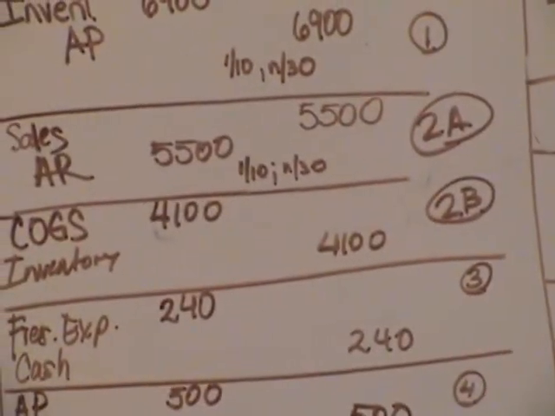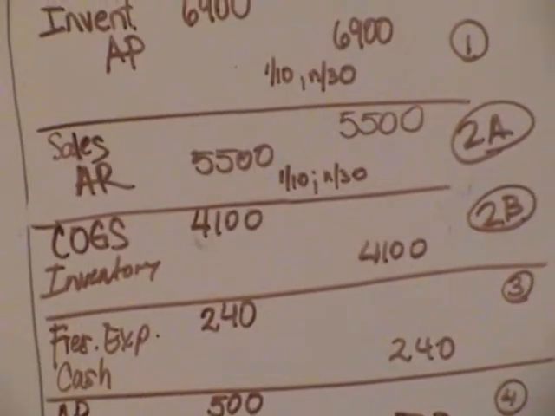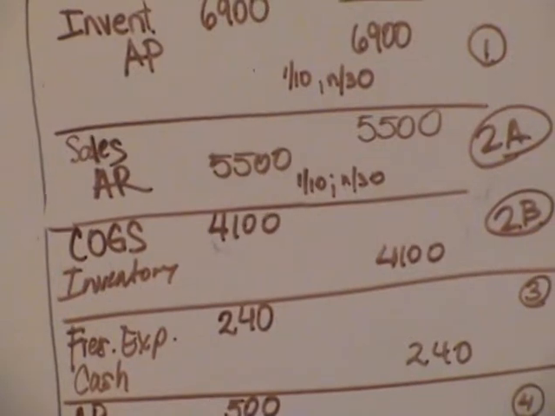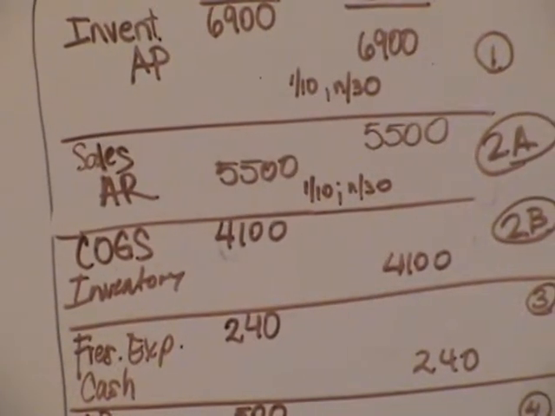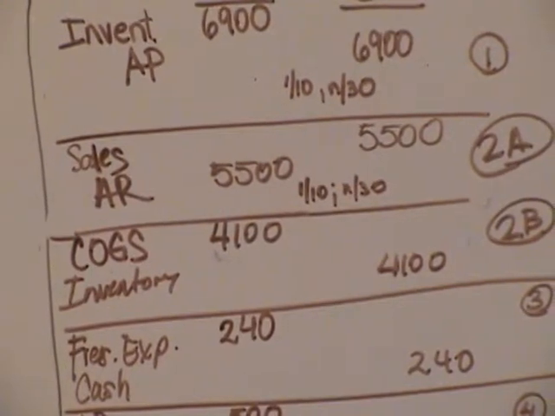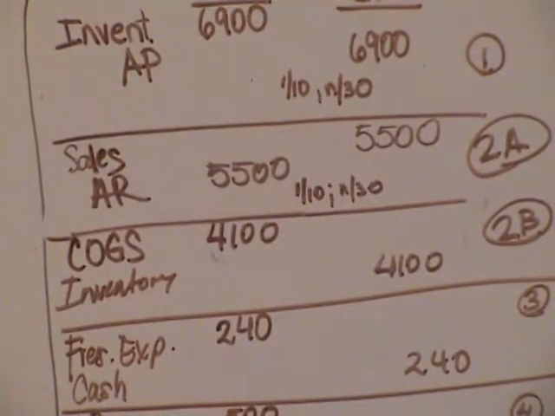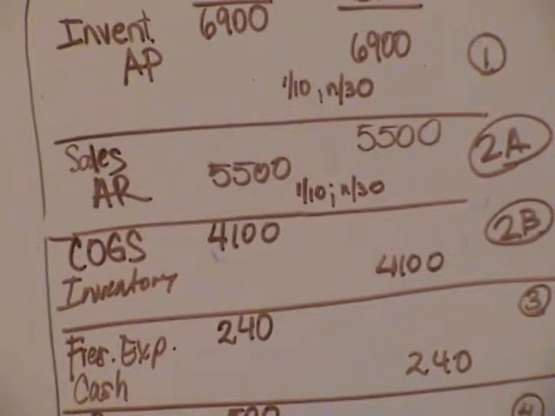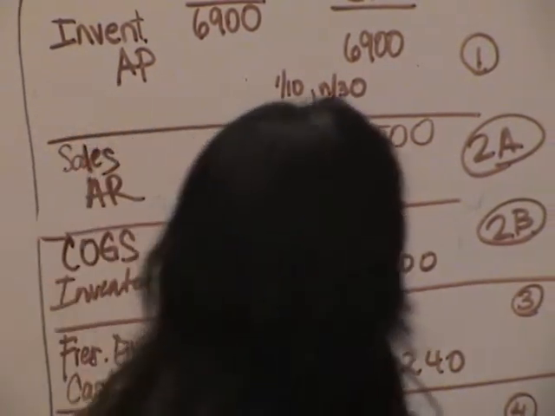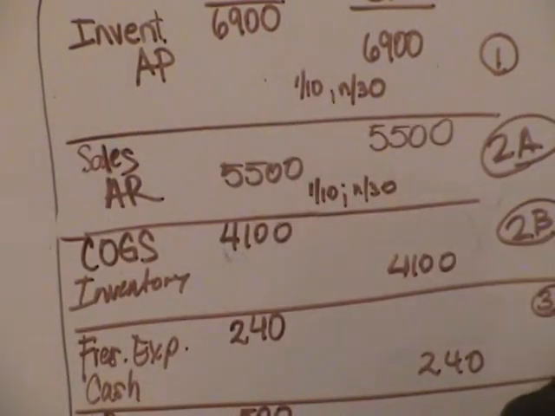See entry 2? What comes first? Accounts receivable and then sales revenue. That's right. You see, they come first. What's second is cost of goods sold and inventory, which makes sense because in the perpetual system, what they're referring to is that they perpetually keep track of cost of goods sold and inventory. So it makes sense that those two would stay together.